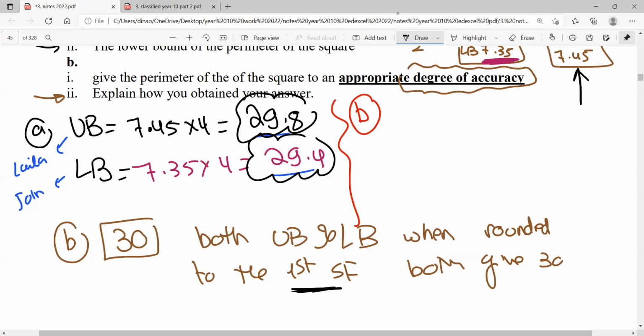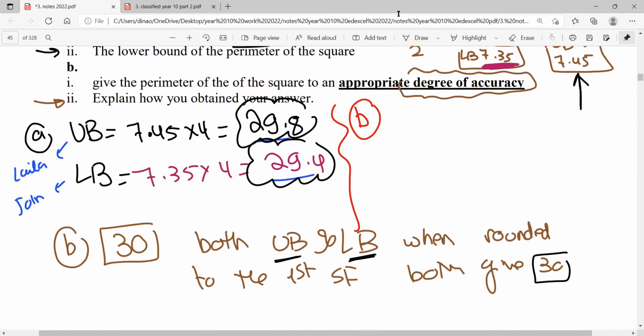The degree of accuracy is a number in which, if I round the upper bound and the lower bound to the same place value, both roundings will give 30. And as I said, this doesn't come up much in exams anymore, but I had to mention the degree of accuracy part.